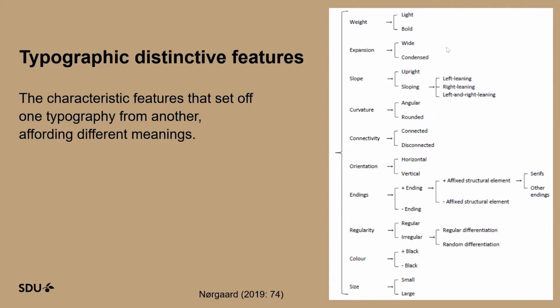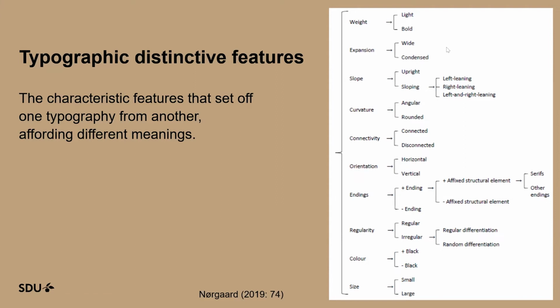So the idea is that a given typeface can be described in terms of its weight. It can be light, it can be bold, and of course somewhere in between. So these are not binary choices, but there are gradations between light and bold. In terms of expansion, it can be wide or condensed. In terms of slope, it can be upright or sloping, and it can be sloping to different sides.